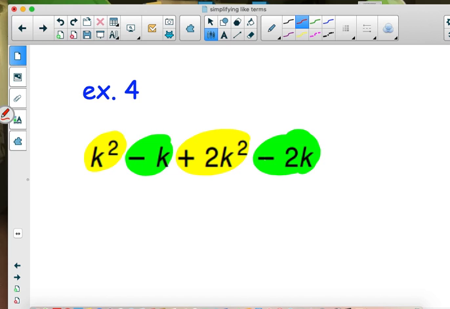Alright. So when you combine those K's, what do you get? Good. You guys see, one of the mistakes people make is they don't realize that's a 1K squared. They think it's just like nothing. And then if you do negative K plus negative 2K, how much do you end up with? Good, write it down. You're right.